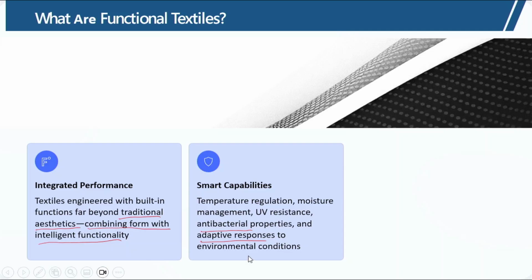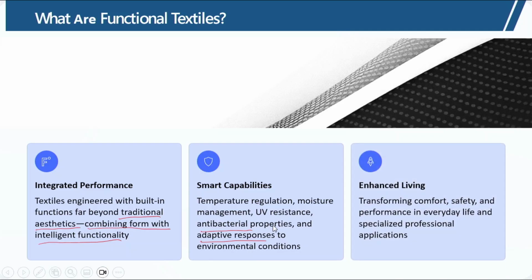If there is heat, it will not allow the heat to come to the human body, so it will protect us. It helps in enhanced living, transforming comfort, safety and performance in everyday life. So, these are the requirements of functional textiles.